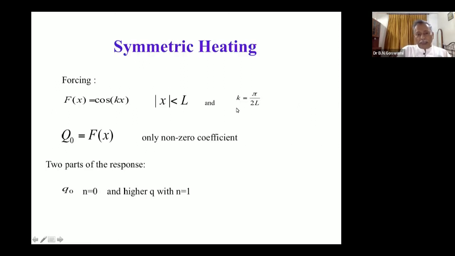And for that, of course, we have to assume what the function is in the x direction. Let us assume that it is something like a cosine function. So it is something like a maximum in the middle, and then goes to zero at both sides. So this is a very simple x function. So f(x) is known.